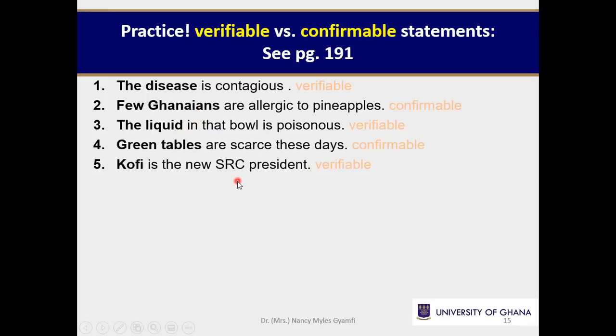Third one, the liquid in that bowl is poisonous. Verifiable. Green tables are scarce these days. Look, this is from your textbook. Green tables of all times, all places, yet to be designed, not yet designed. They are all included.